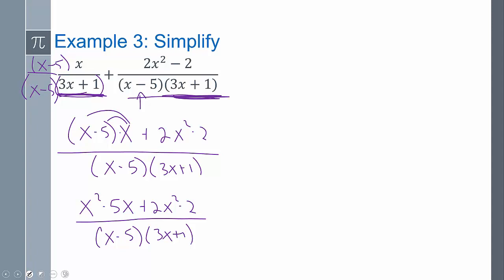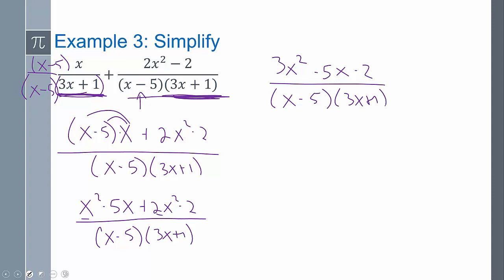So simplifying the numerator, the x squared and the 2x squared will combine together. So I get 3x squared minus 5x minus 2. And so now, how does that factor? A times c, factors of that add to b. So is that going to be negative 6 and positive 1?